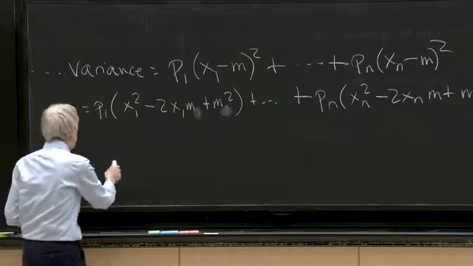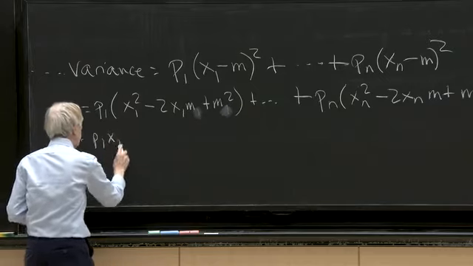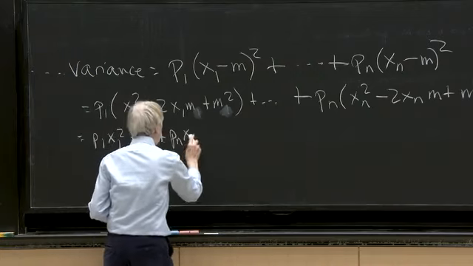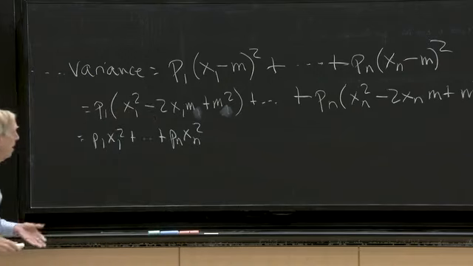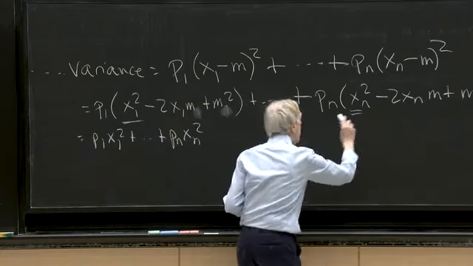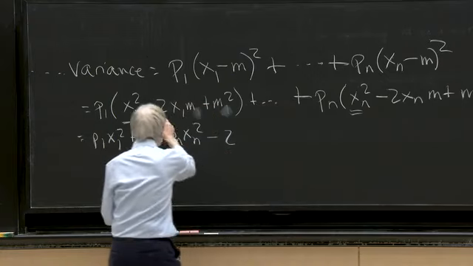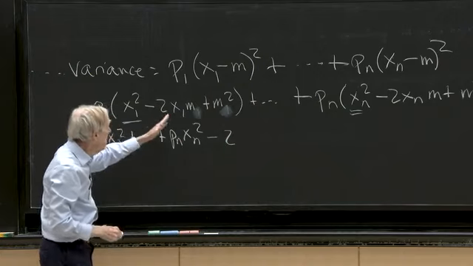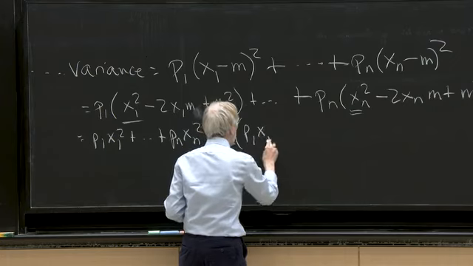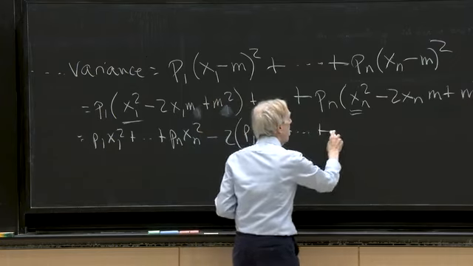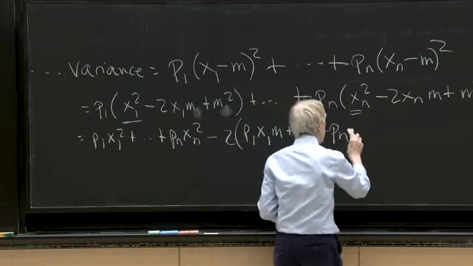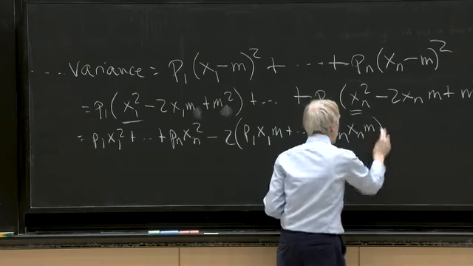So I get p1 x1 squared. If I take these, the first guys, so I've accounted for this and this, and now I'll take minus 2 p1 x1 m plus pn xn m.